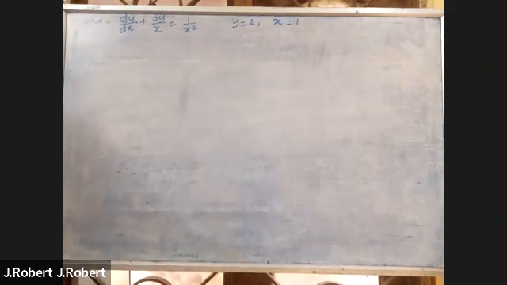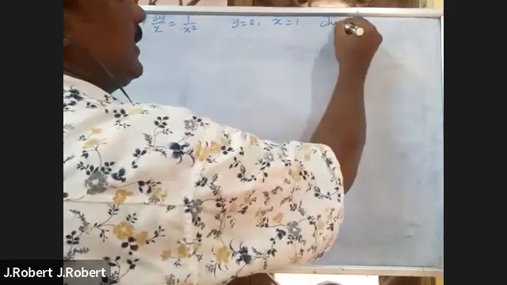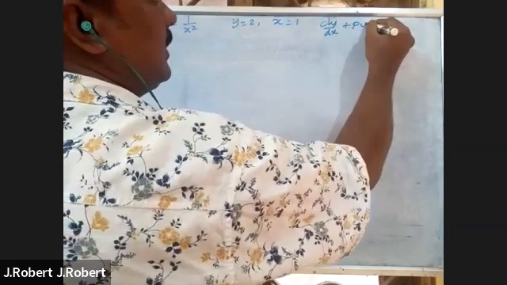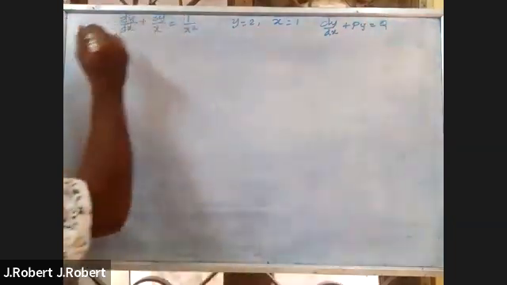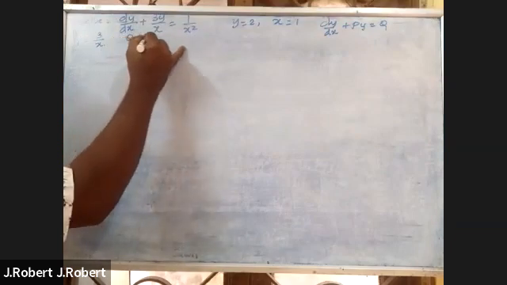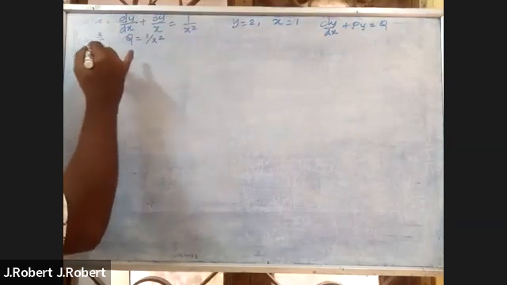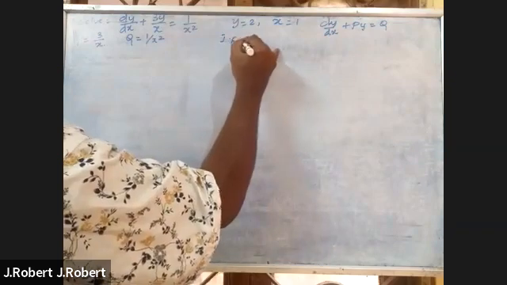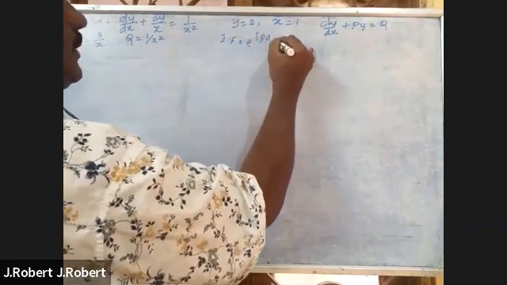So please listen. The standard linear differential equation is of the form dy by dx plus py is equal to q. Comparing with this, we get p is equal to 3 by x and q is equal to 1 by x square.